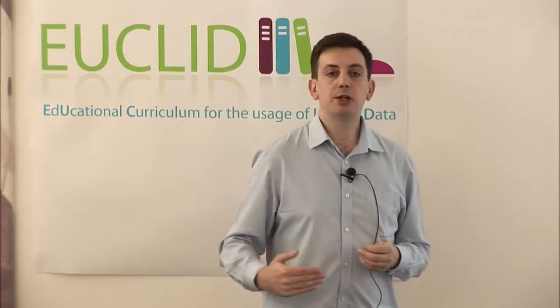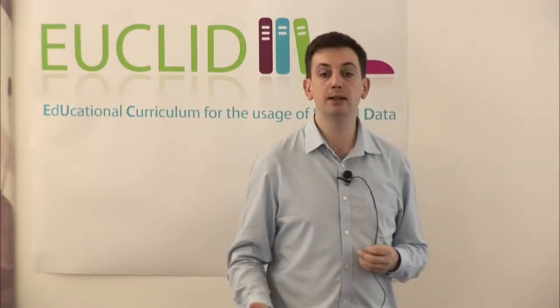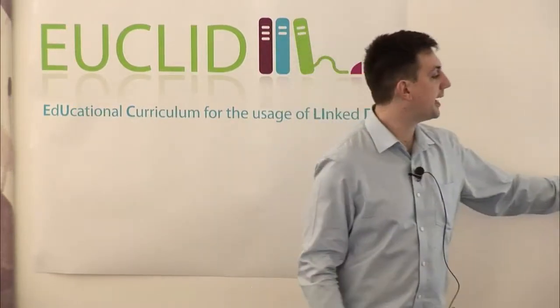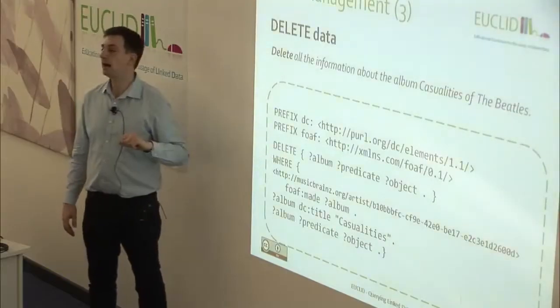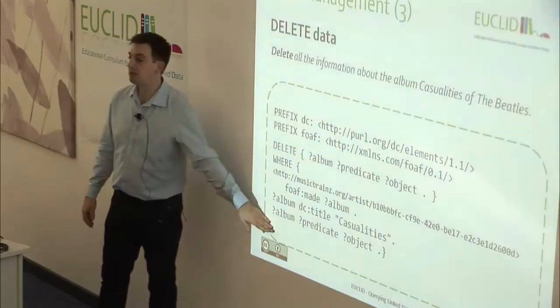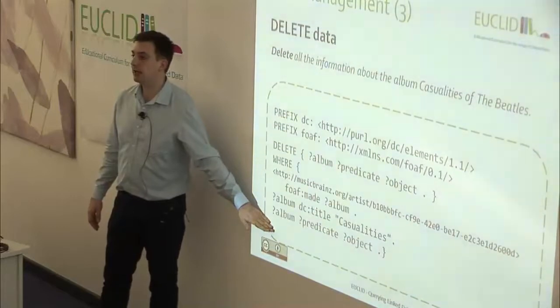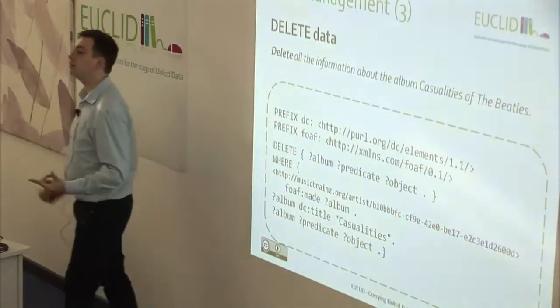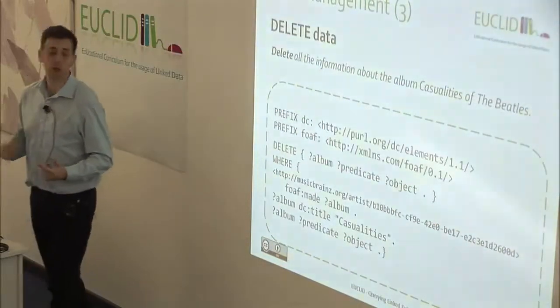And just as we can say CONSTRUCT WHERE to say what we want to return in a graph from a construct query is what we match, we can also say DELETE WHERE. If we just said DELETE WHERE, we get rid of all of this graph. And as with the construct, if we put in a pattern, then we make that pattern from the bindings in order to pull it out.